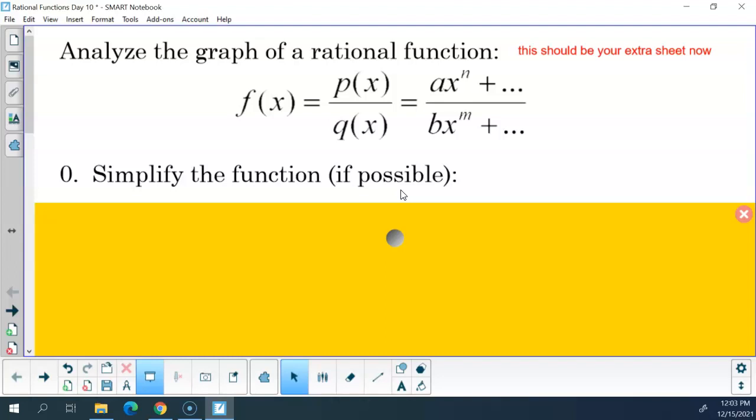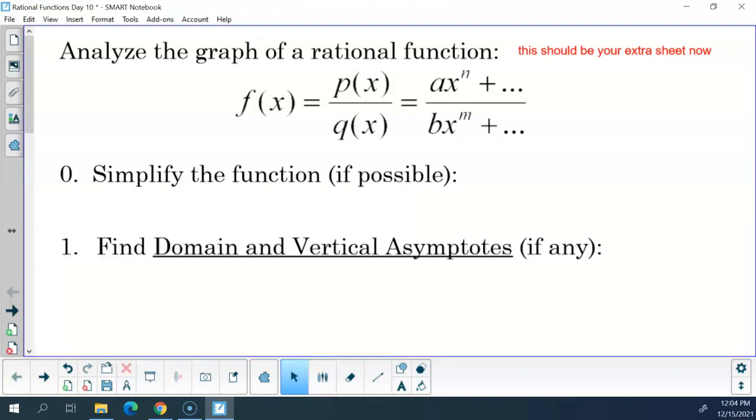Whenever we're doing a rational function problem, it should be pink graph, supplemental note sheet, right next to one another all the time. Step 0, simplify the function. Step 1, find the domain and any vertical asymptotes.